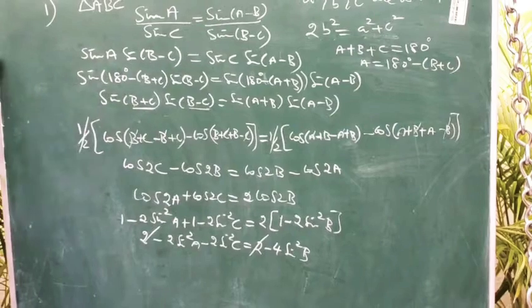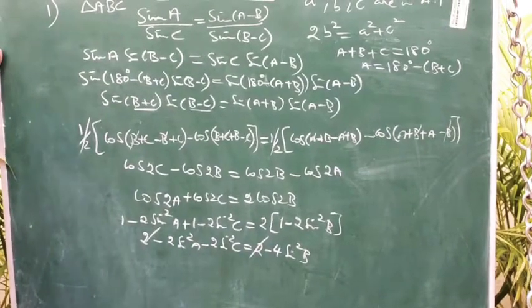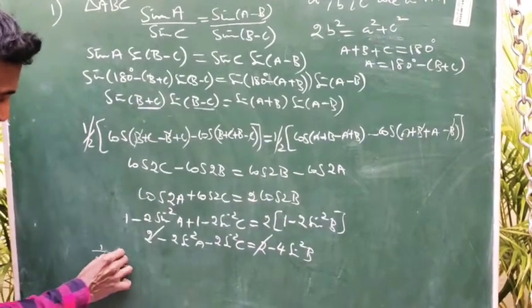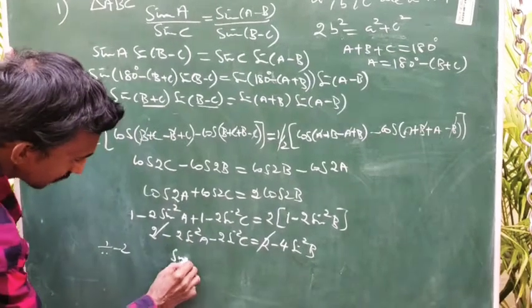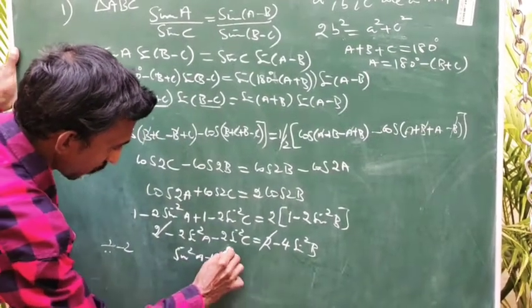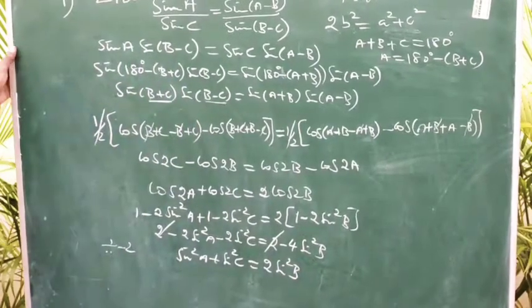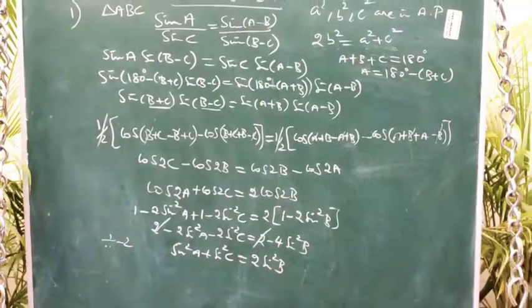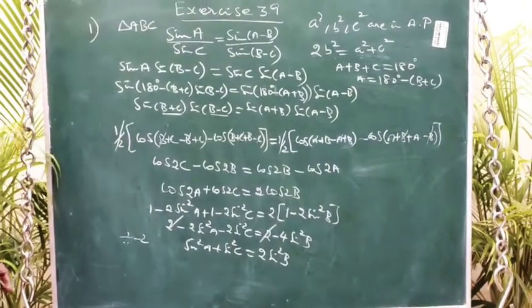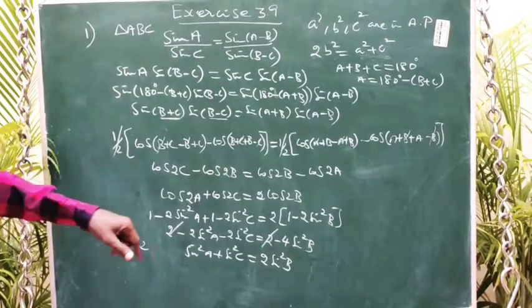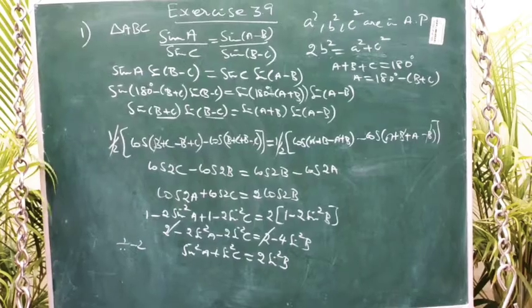Next divide both sides by minus 2. What we are getting: sin square A plus sin square C equal to 2 sin square B. Are you clear? Dividing both sides by minus 2, we get sin square A plus sin square C equal to 2 sin square B.